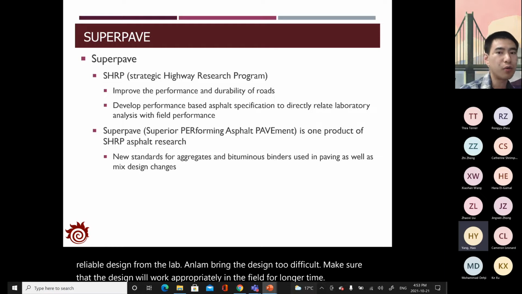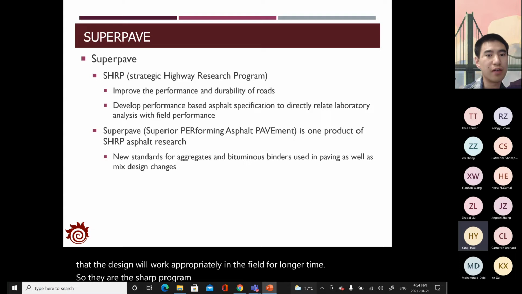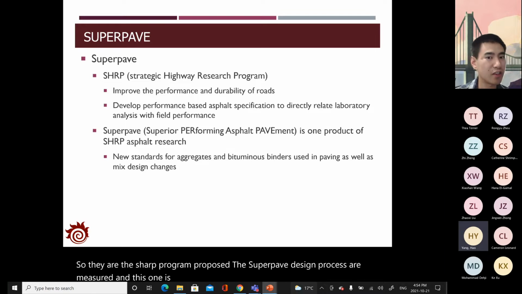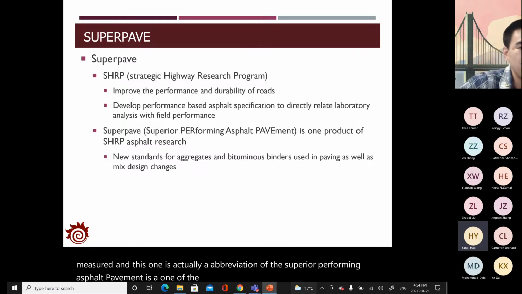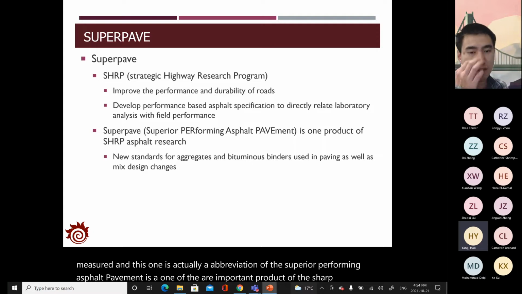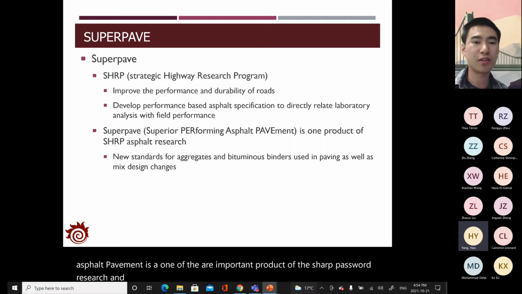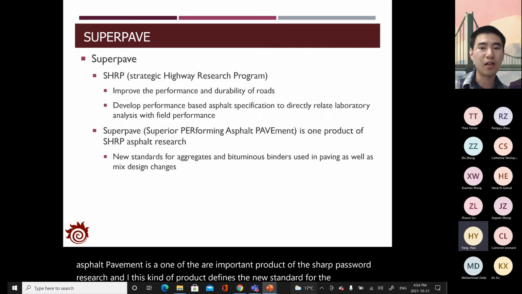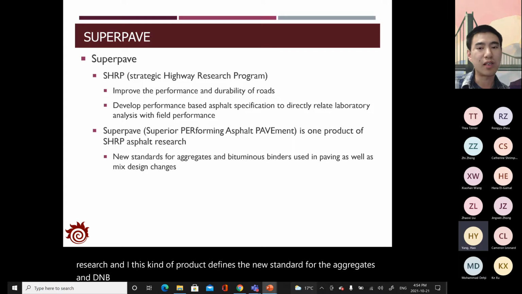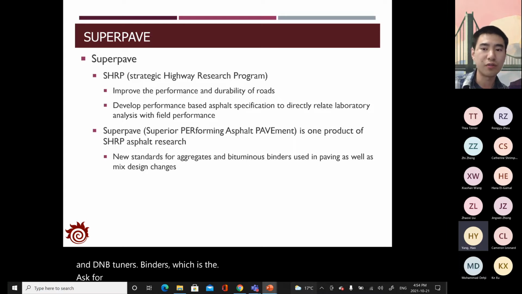So the SHARP program proposed the SUPERPAVE design method, which is an abbreviation of superior performing asphalt pavement. It's one of the important products of the SHARP asphalt research, and this product defines the new standard for the aggregates and the bituminous binders, which are the asphalt binders used in paving.